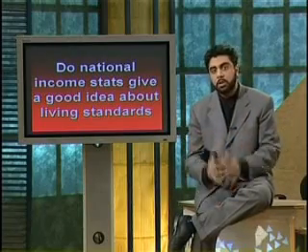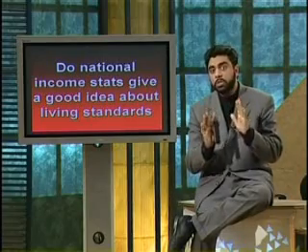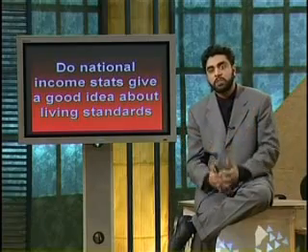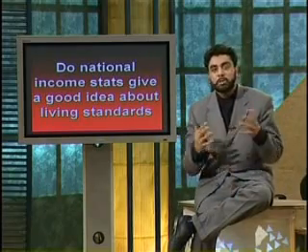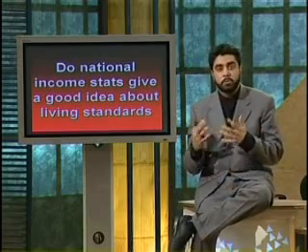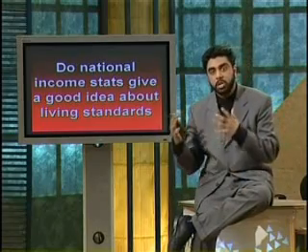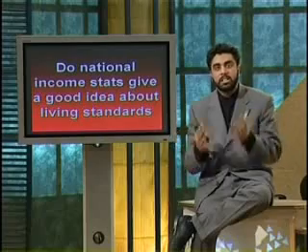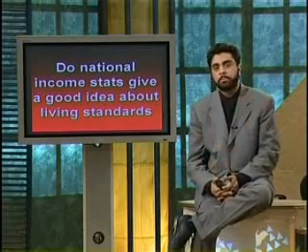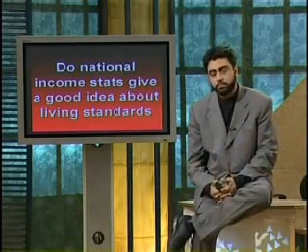Note that we are not talking about income distribution here, but that is an equally important question. It is possible for the total income to have risen, but the income distribution to have worsened. That is, the rich might have become richer and the poor might have become poorer, but the rich might have become so rich that they take the average income of the population up with them. But this says nothing about how badly the poor are doing.